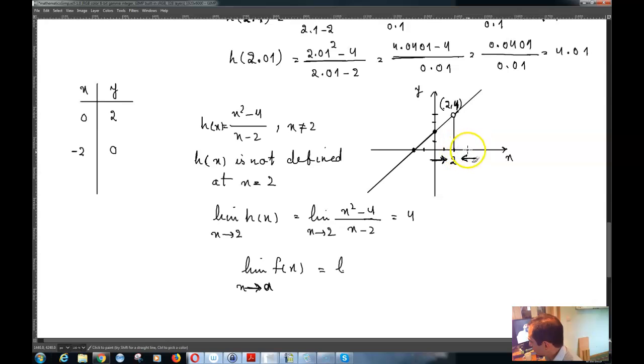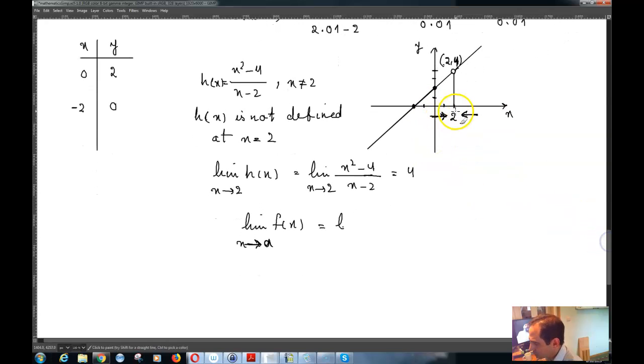So this gives you two different things, or in some cases it could actually give you two different values for the limit of the function. When you're getting close to 2 from the right, you will get something called the right hand limit, and when you get closer to 2 from the left, you will have something called the left hand limit.